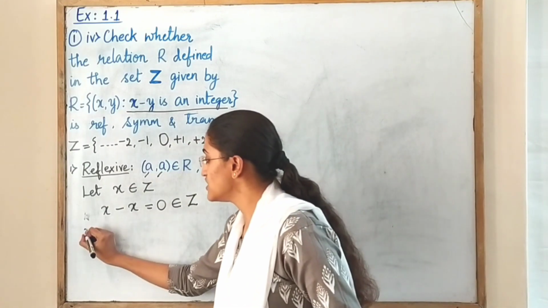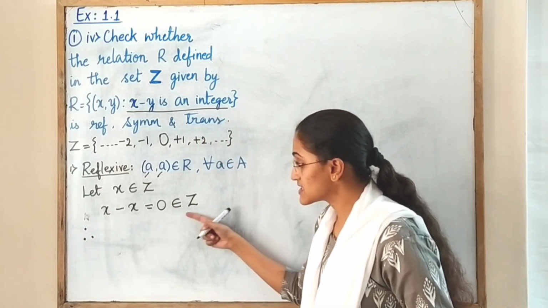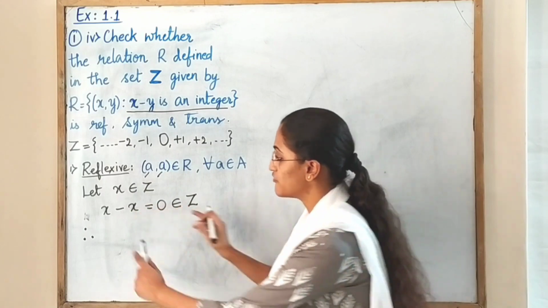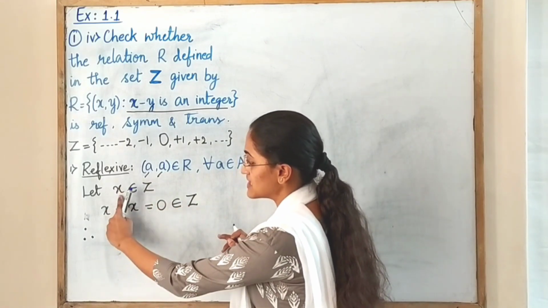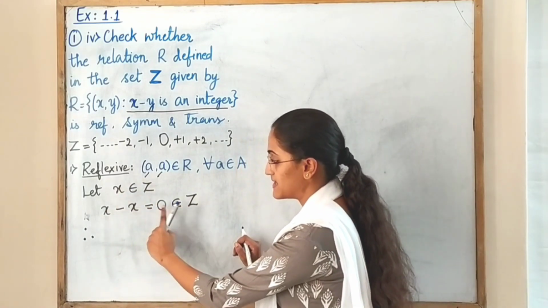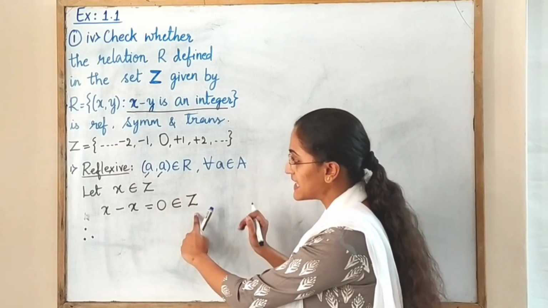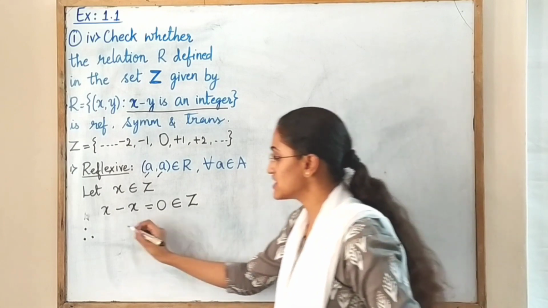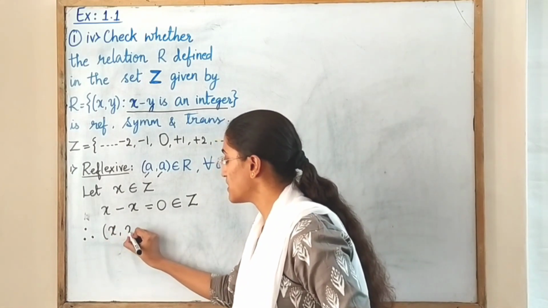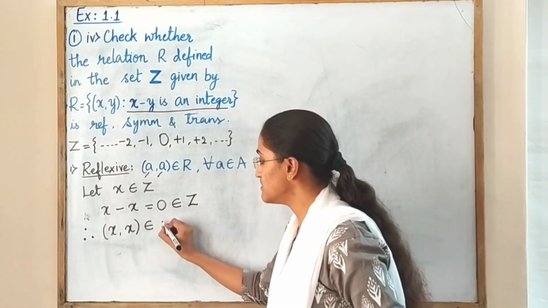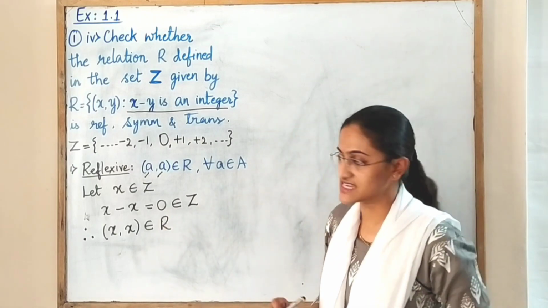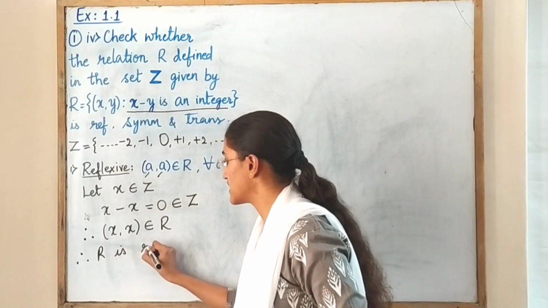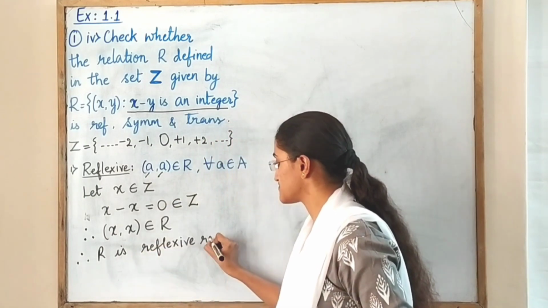And hence you can prove that the condition of the relation is satisfied. If you take the difference between the same element, you get a number in the set Z, and hence it is an integer, and hence (X, X) is an element of the relation R, and therefore you can conclude R is a reflexive relation.